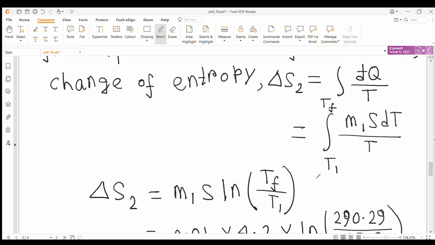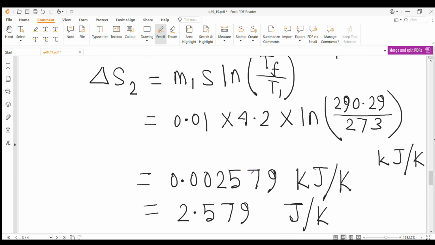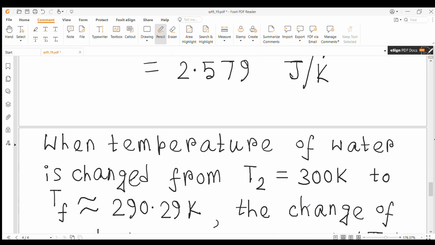So we obtain the change of entropy delta S2 is equal to m1 s into log Tf by T1. Putting the values of m1, s, Tf and T1 and after doing some simplification, we obtain that delta S2 is equal to 0.002579 kilojoule per Kelvin. This can also be written as 2.579 joule per Kelvin.